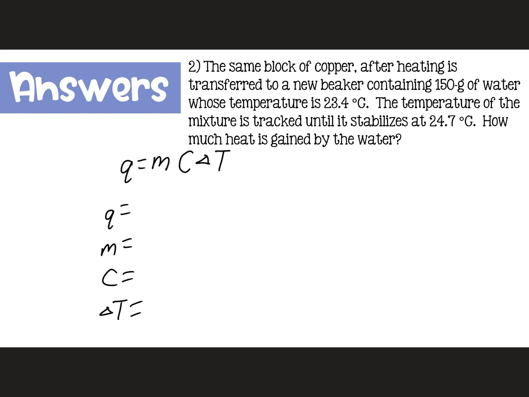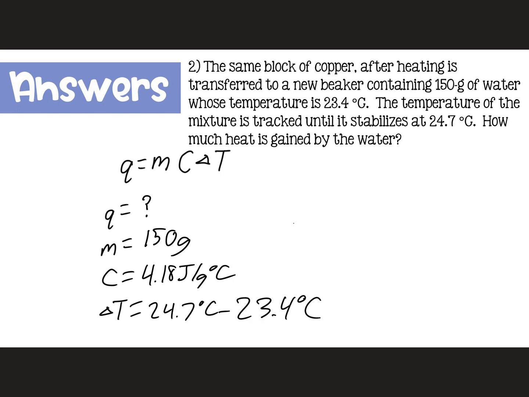In this case, we are looking for heat, so Q stays the same. That's what we're looking for. We have a mass of 150 grams. The specific heat capacity of water is 4.18 joules per gram degree Celsius, and we are going from the initial temperature of 23.4 degrees Celsius to the new temperature of 24.7 degrees Celsius.